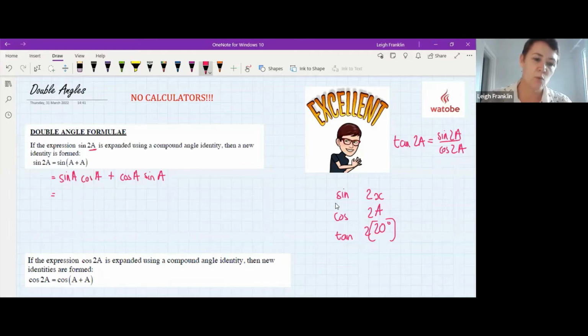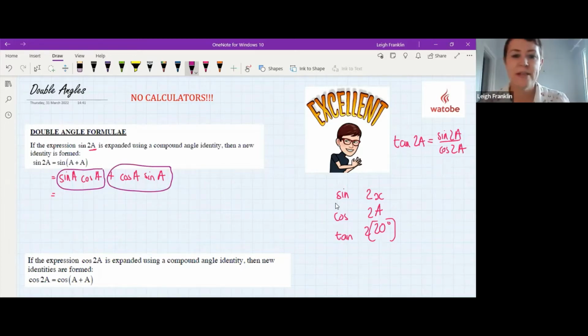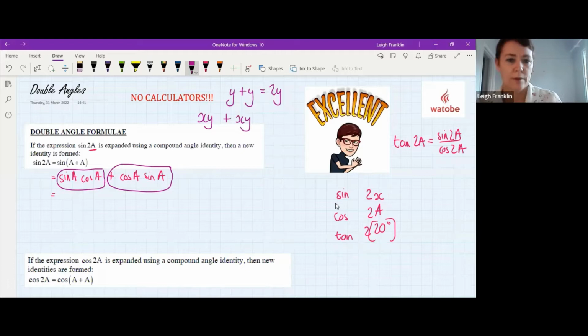Now, the difference with what we've got here compared to other things that we've seen is that we have created two like terms. This term over here and this term over here are like terms, in the same way that y plus y are like terms. If I say y plus y, I would end up with 2 of y. Or if I have xy and I add another xy, then I have 2 of xy.